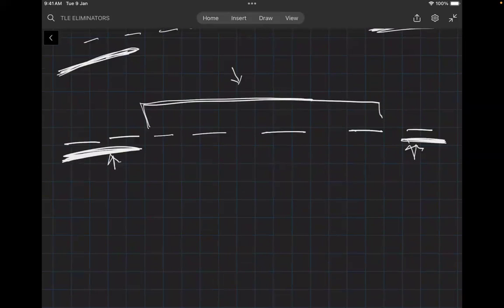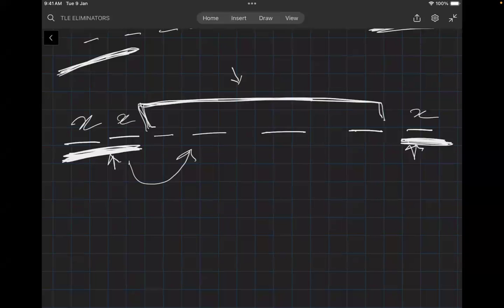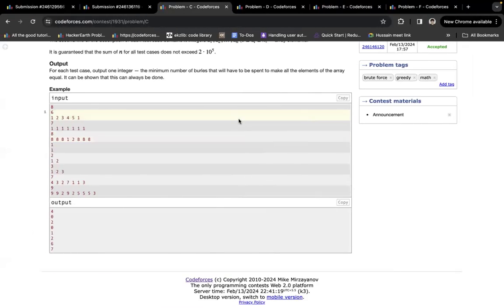All these have to be equal, and this range I will make equal to whatever this value was. So these values already have to be equal, and then this particular range I will change to x. Is this much clear, guys?